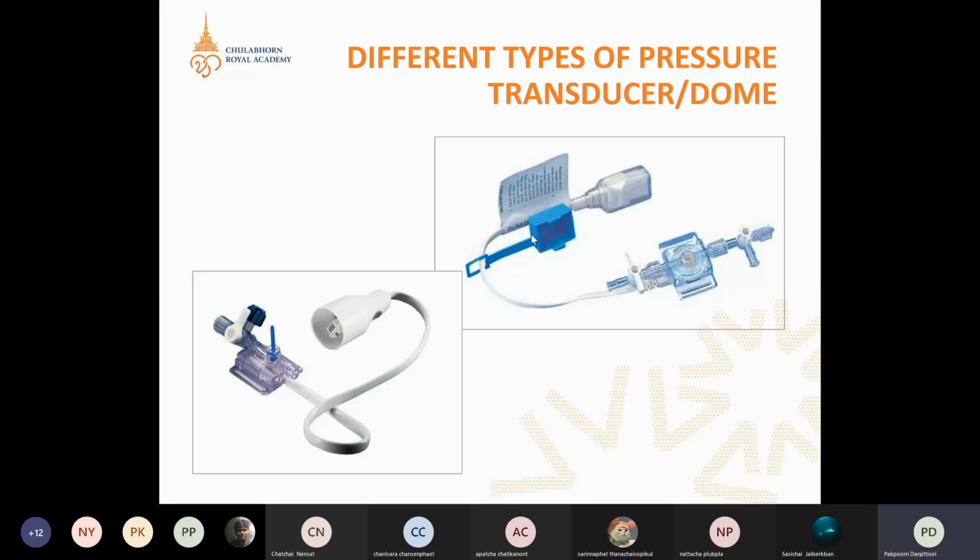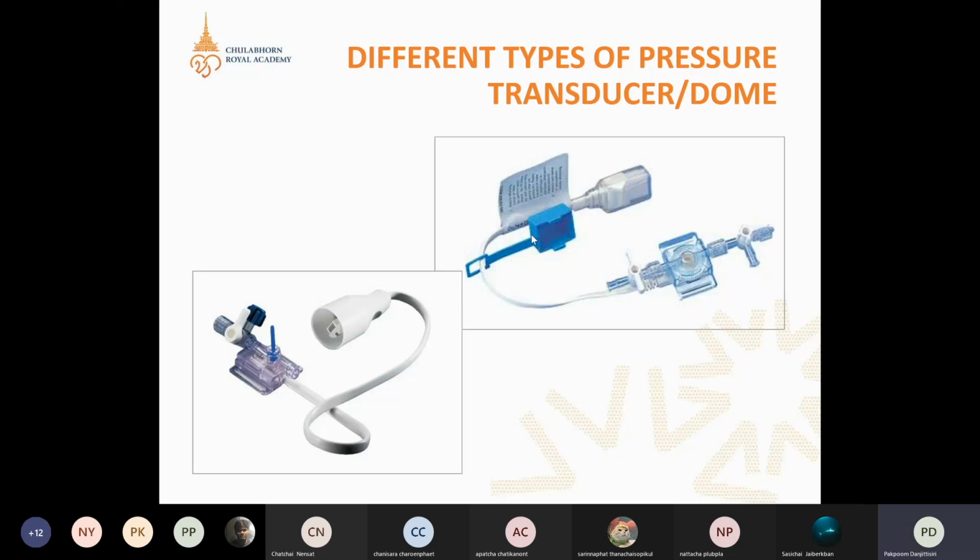The picture on the screen is to acquaint you with the different shapes and forms of the pressure transducer that you may see in a real lab in the future. So these are pressure transducers.